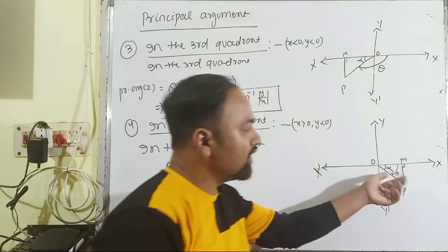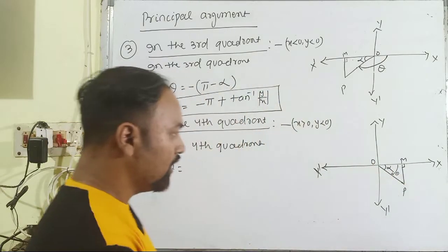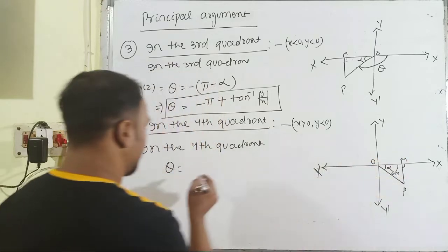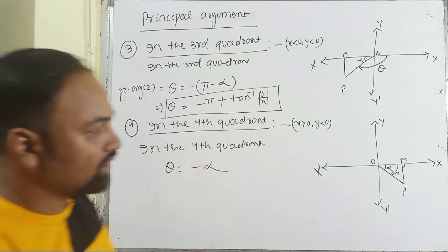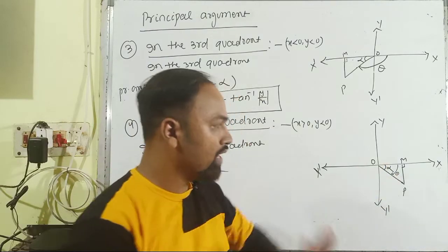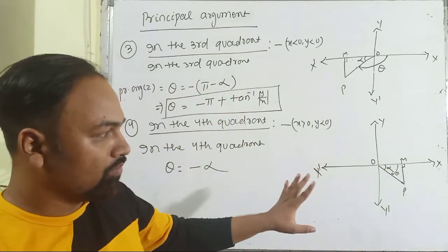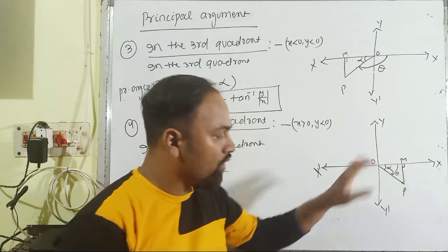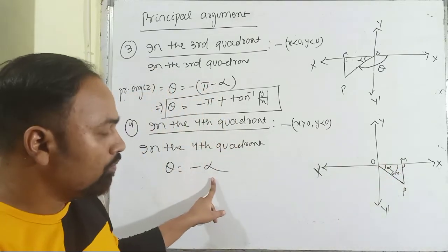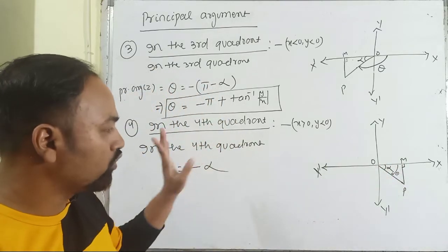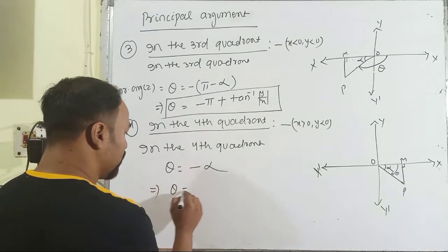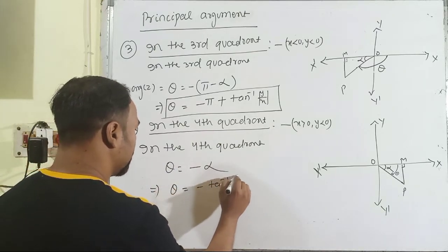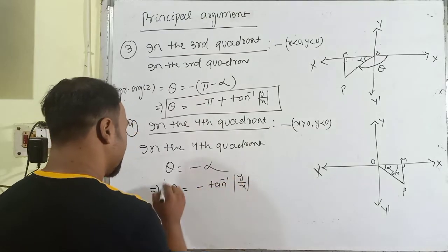The value of alpha is equal to theta, but it is measured in the clockwise direction. So theta is equal to minus alpha. Here you can see that theta is equal to the alpha angle, but theta is measured in the clockwise direction. So theta is equal to minus alpha here in the fourth quadrant. So theta is equal to minus tan inverse modulus of y upon x.